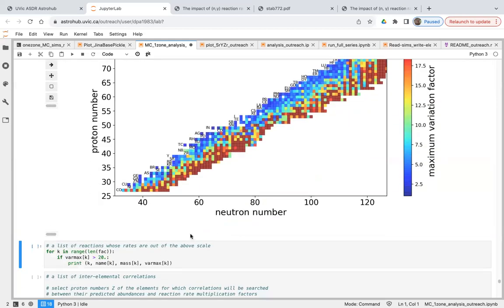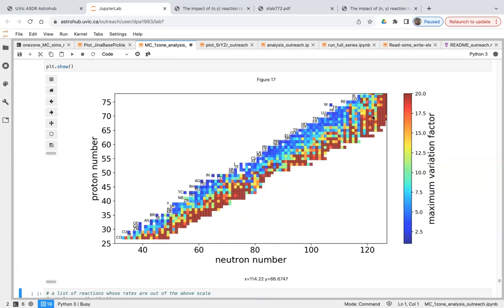Okay, and the next cell. Not all isotopes can be shown here in color, because here the color map has a maximum value of the maximum variation factor of 20, but some isotopes have larger factors, which will also have brown color here.